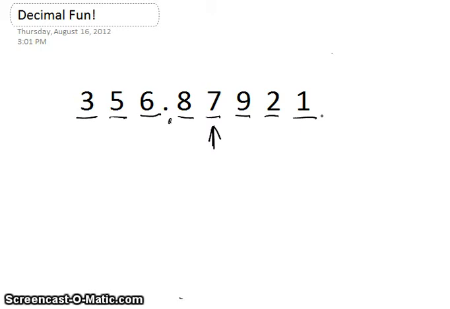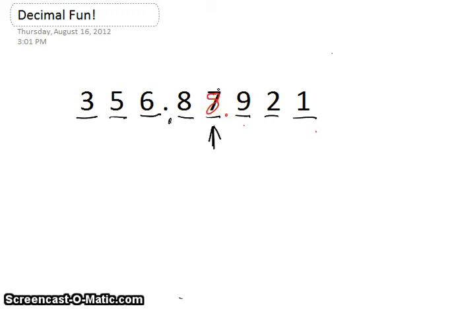Well, one of my tricks is to put a decimal point right here. And see how 921 is greater than 500, which would be half. I would then round this to 88.